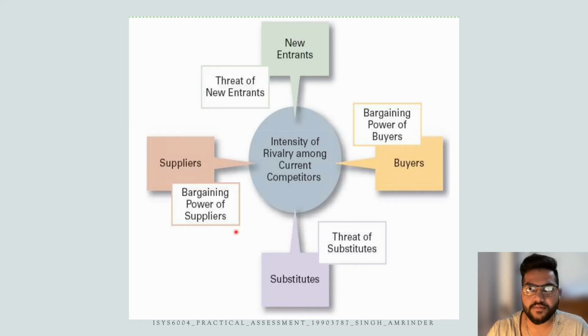And it depends on the competition also. If there are many companies in the market, they have to compete with each other by giving low prices to the buyers. But in a monopoly market, companies can set their prices according to their profit and their preferences.